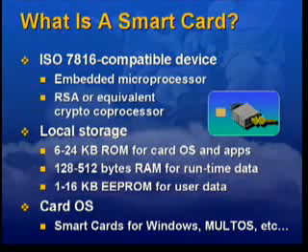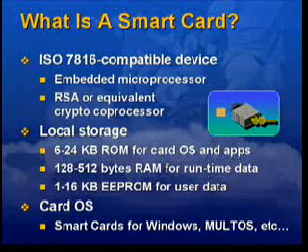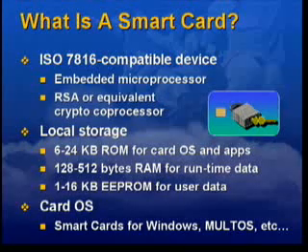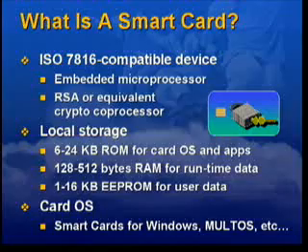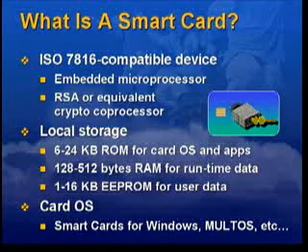You also have a very limited amount of RAM, usually 512 bytes, that your applications can use. And then you have EEPROM, usually 16K, a non-volatile area where you can store private keys, or any data you want to keep secure on the smart card.